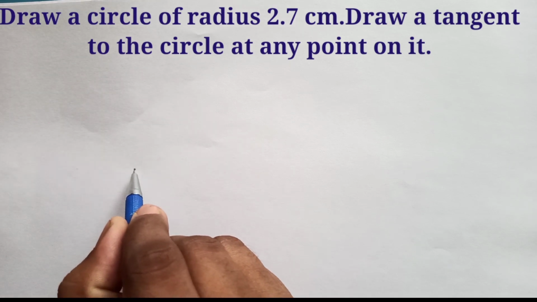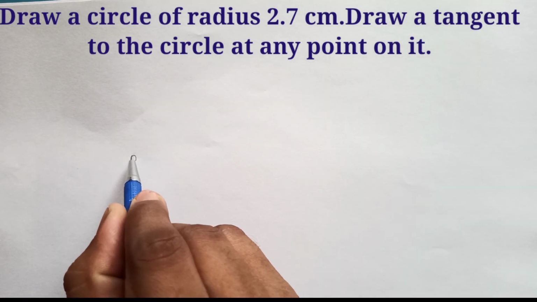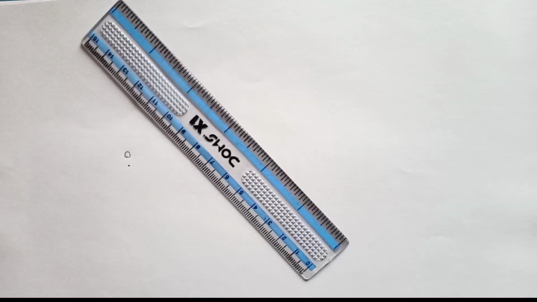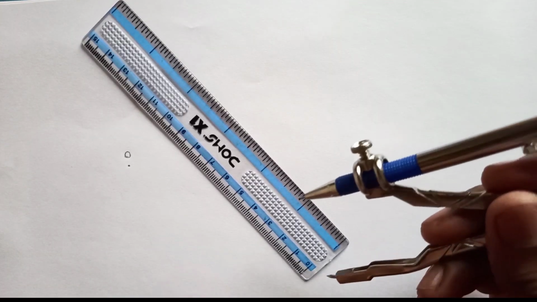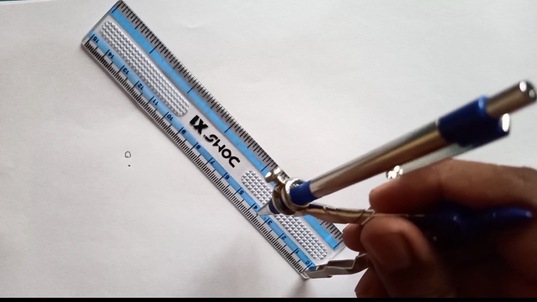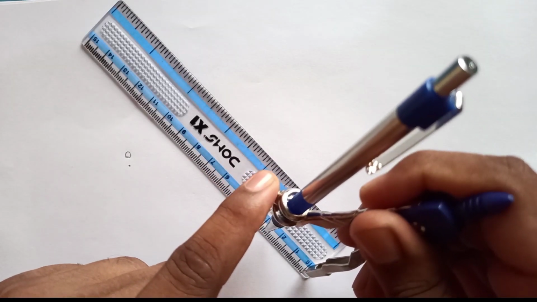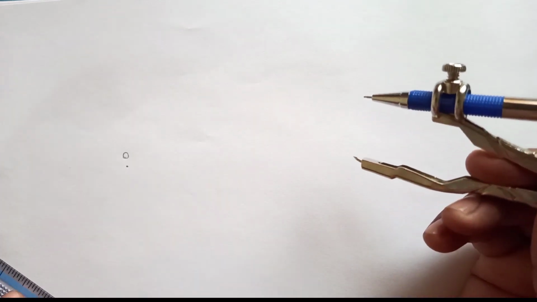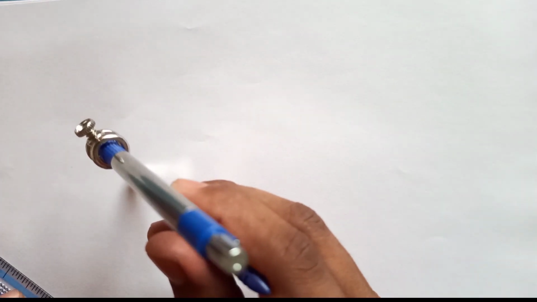So like this we will take that center of a circle O. Let's draw that circle of the given radius, which is 2.7 centimeter. So with the help of the compass we will take that 2.7 centimeter this way. This is 2.7 centimeter, and let's draw that circle here with center O. You can take any name as a center of a circle.